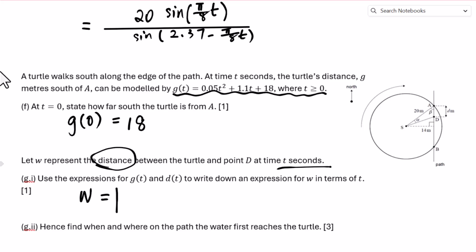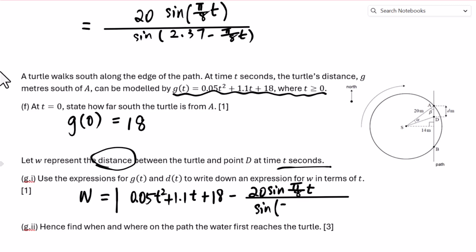We will use absolute value. j of t minus d of t, which is 0.05 t squared plus 1.1 t plus 18 minus 20 sine pi over 8 t over sine 2.37 minus pi over 8 t, in absolute value.